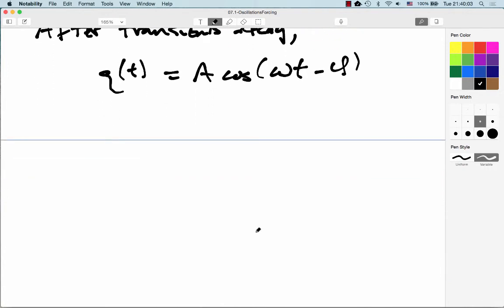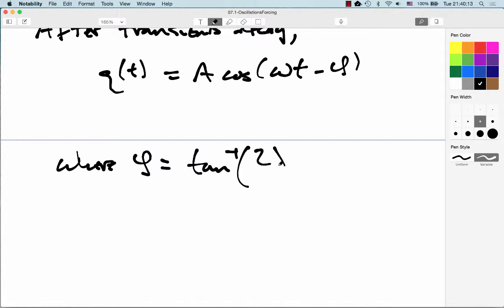And we can work out the phi, we said that that was the arctangent of 2 gamma omega over omega naught squared minus omega squared.